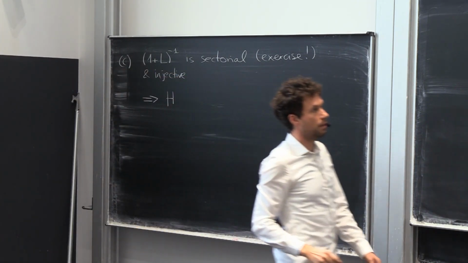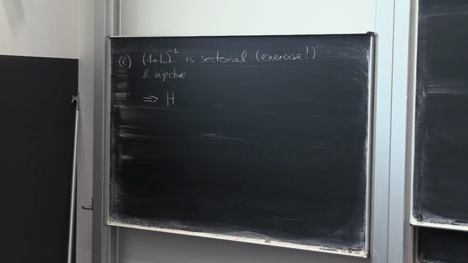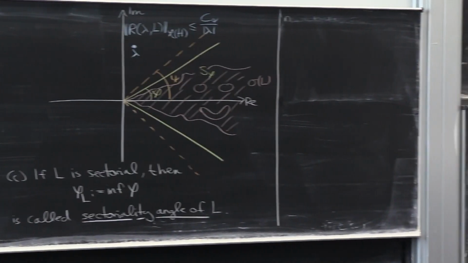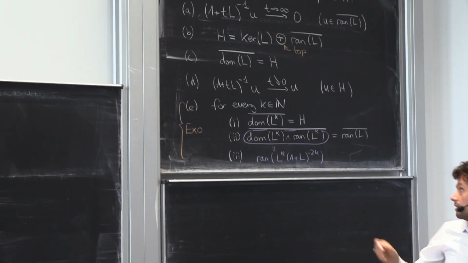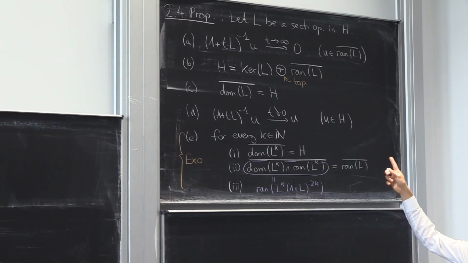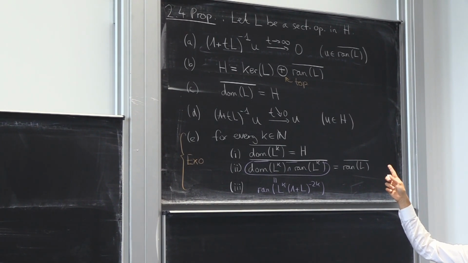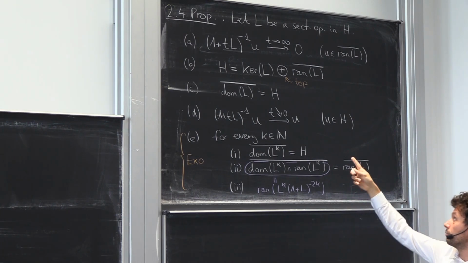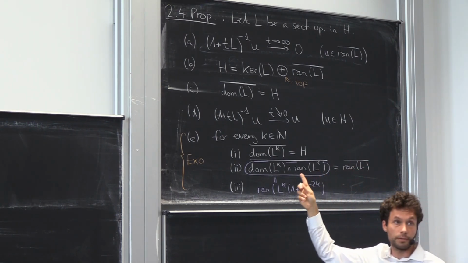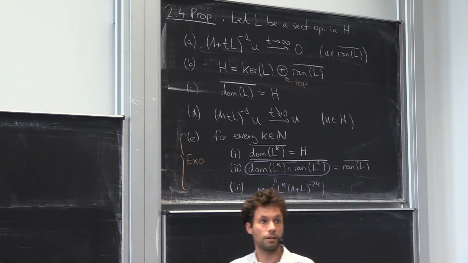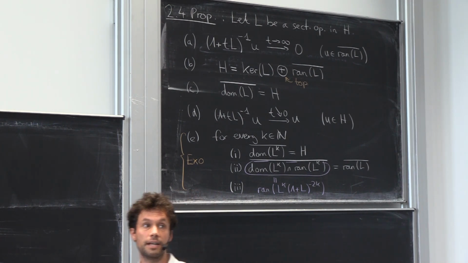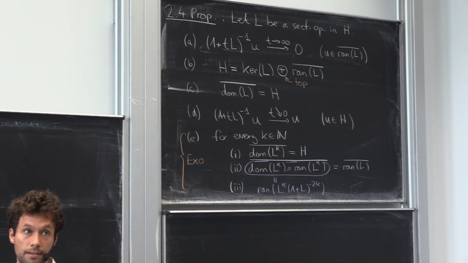Let's have a look at the B part. Well, the B part gives a topological decomposition. In particular, the operator being injective means that the kernel is trivial. Now, how can this ever happen? Well, according to B, for a sectorial operator, this happens if and only if the range of the operator is dense.